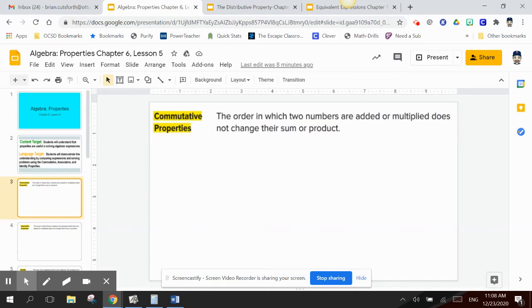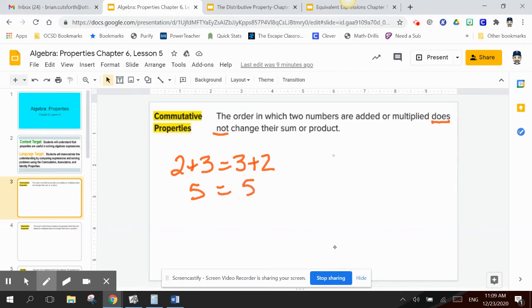Commutative property. The order in which two numbers are added or multiplied does not change the sum or product. I repeat, the order in which two numbers are added or multiplied does not change their sum or product. So in other words, if I add 2 plus 3, it is the same as 3 plus 2. 2 plus 3 is 5. 3 plus 2 is 5. 5 equals 5.